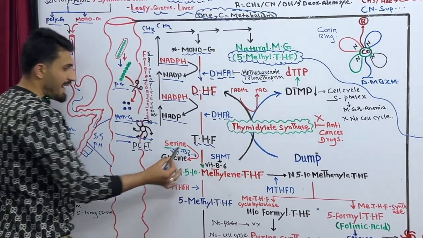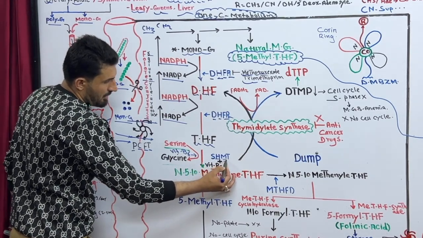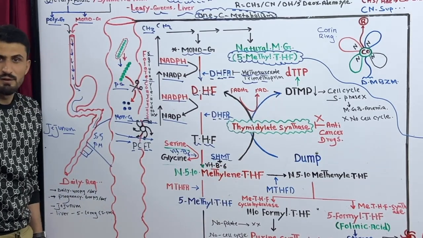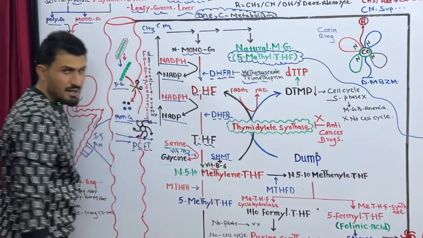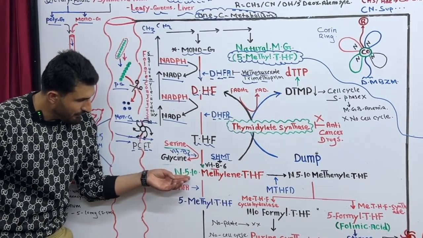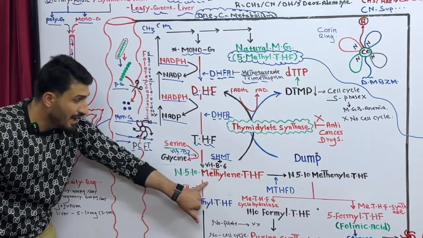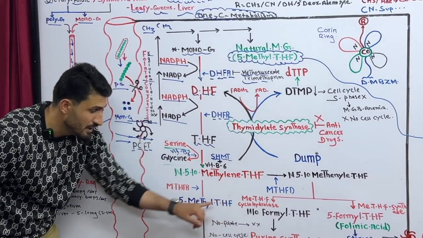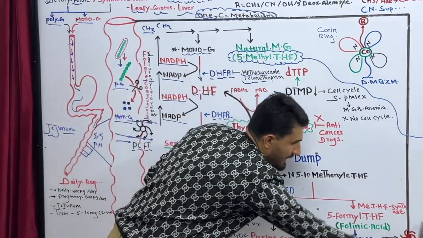Okay, so the enzyme is called serine hydroxymethyl transferase. Now we have N5,N10-methylene tetrahydrofolate. Now we can convert N5,N10-methylene tetrahydrofolate to 5-methyl tetrahydrofolate, which is transportable in blood circulation.